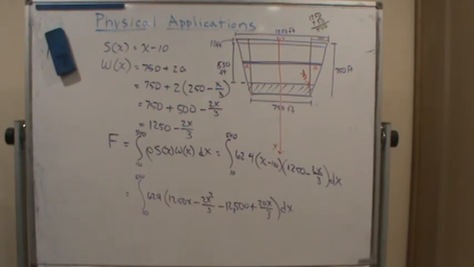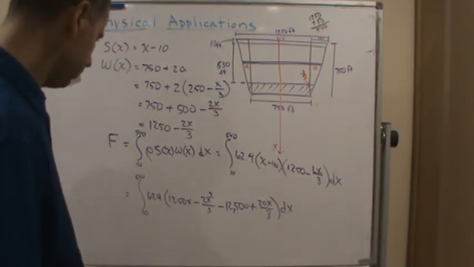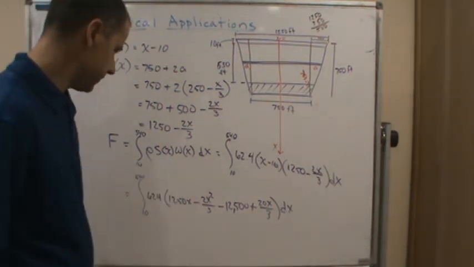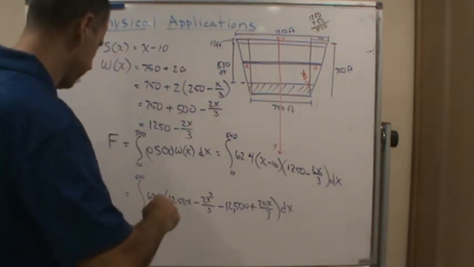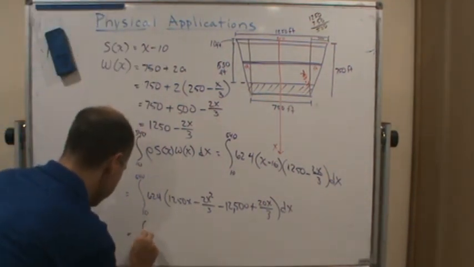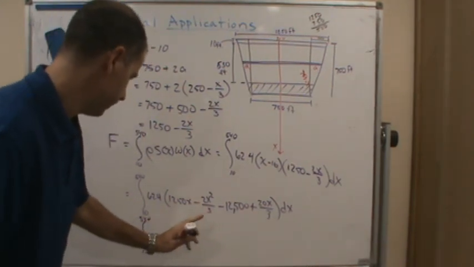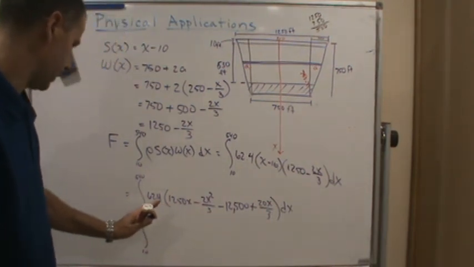Okay, so let's just make sure we're on the right track here. Okay, so now simplify this further. So what do we get? So this gives us 10 to 540. So hold on a second, I'm missing something.